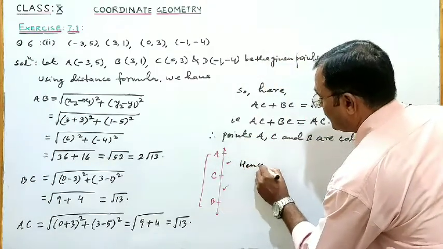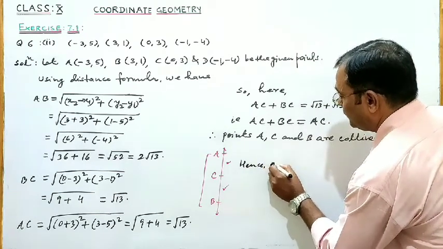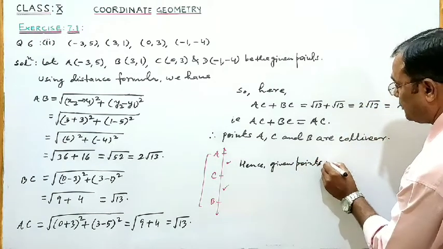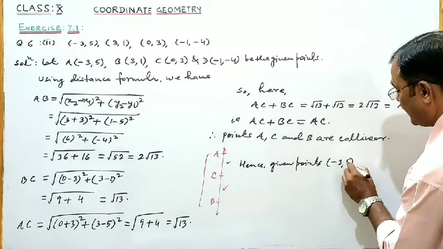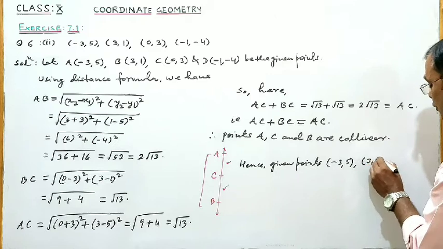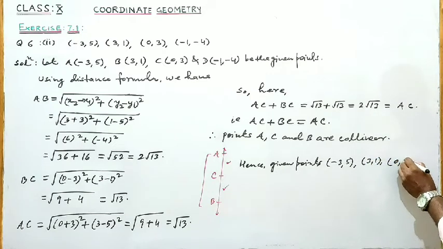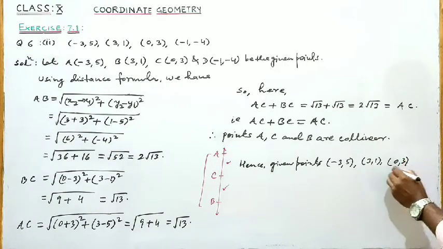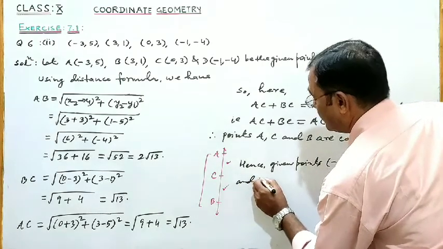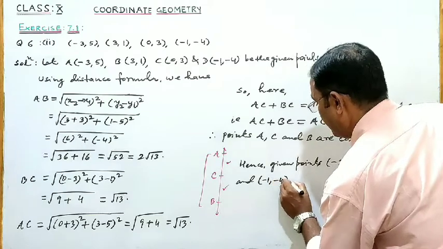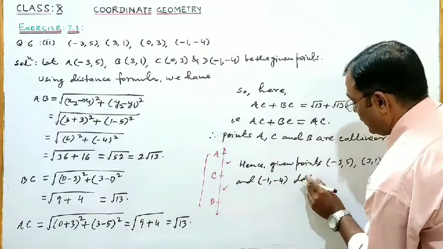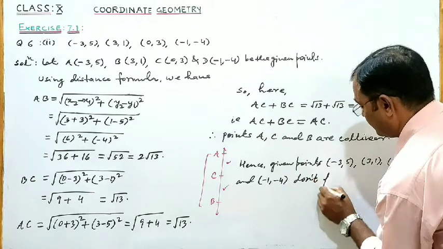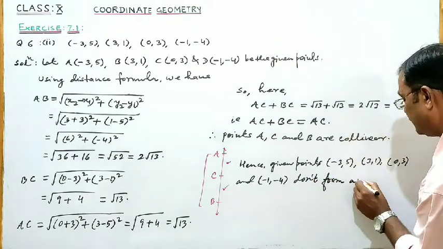Hence, given points -3, 5, 3, 1, 0, 3 and -1, -4 do not form a quadrilateral.